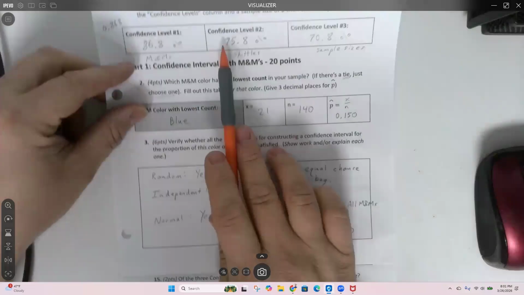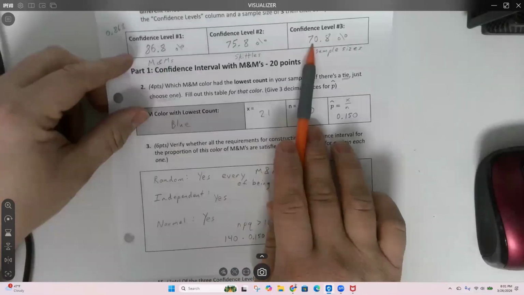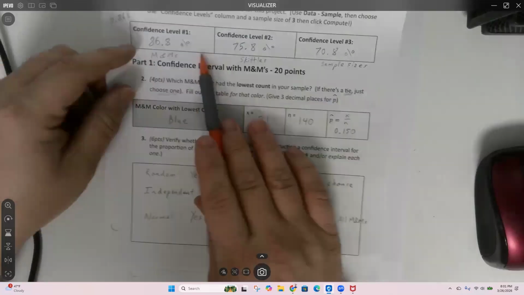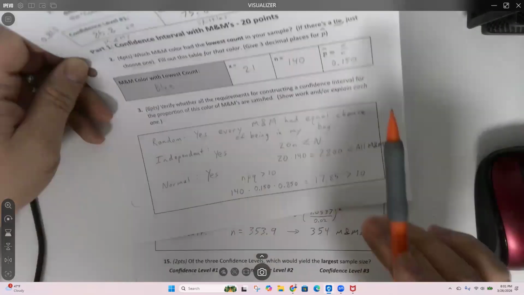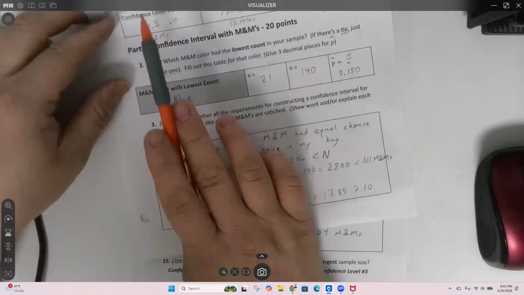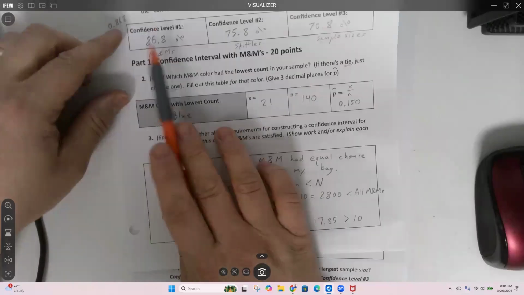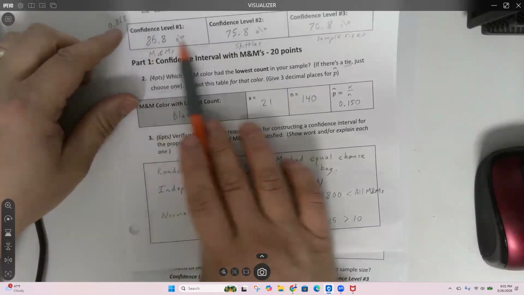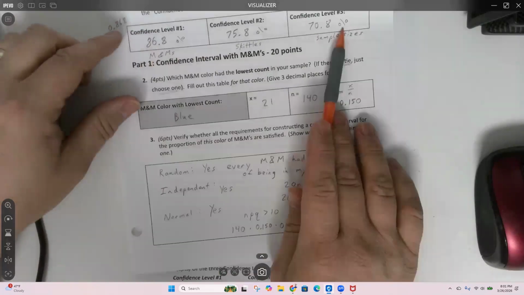I had 86 and 75 and 70. Which one would yield the largest sample size? If you want to be more confident, you want to be more accurate, you need a larger sample size. So you're going to circle whichever of these is largest.